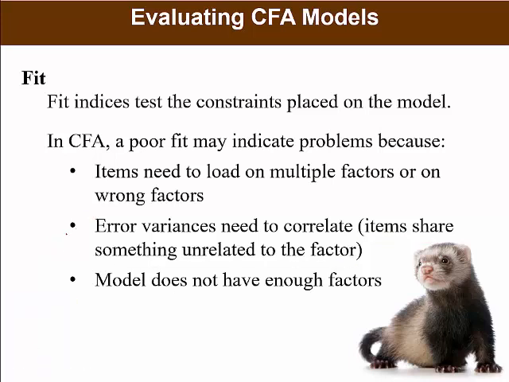So here again, a couple of reasons. If your items need to load on multiple factors, or you have items in the wrong factors, that could produce a bad fit. Or if your error variances want to correlate, that will produce a poor fit. Now, another thing that actually would cause your error variances to want to correlate is if your model simply doesn't have enough factors. So these last two things are kind of related.